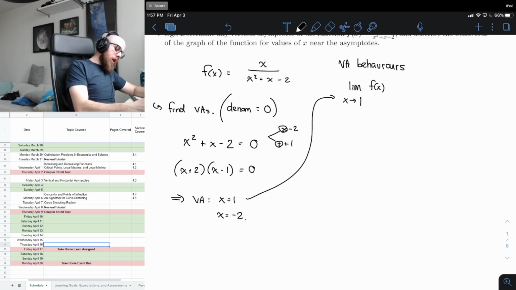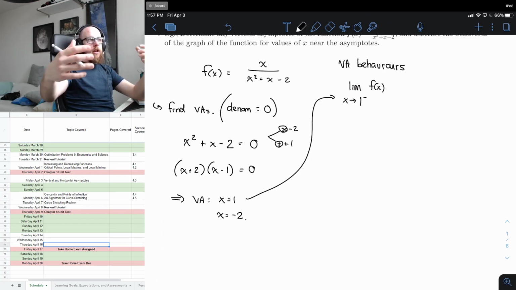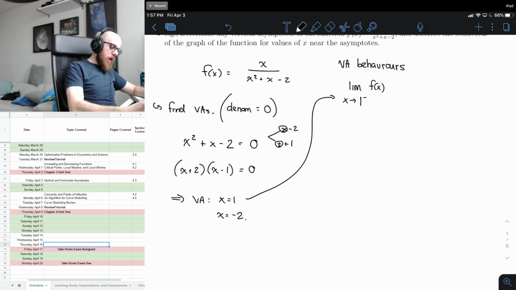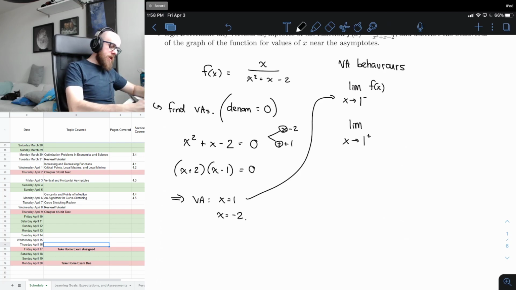What is the function doing when the x values are getting really close to 1 from the negative side, meaning I'm approaching 1 from the left-hand side? The values are like 0.9, 0.99, 0.999, and so on. I'm also going to determine what's going on with my function when I approach 1 from the positive side. So 1.1, 1.01, 1.001 would be the test points that I'm considering here.